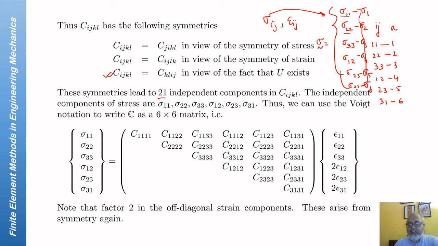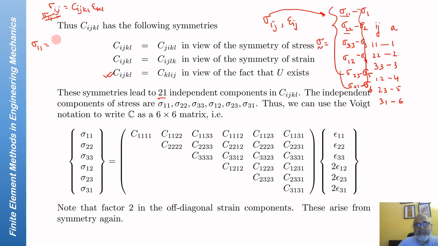Then the first stress strain relationship connects sigma 11 to all other components of strain. Remember sigma ij equals Cijkl epsilon kl.